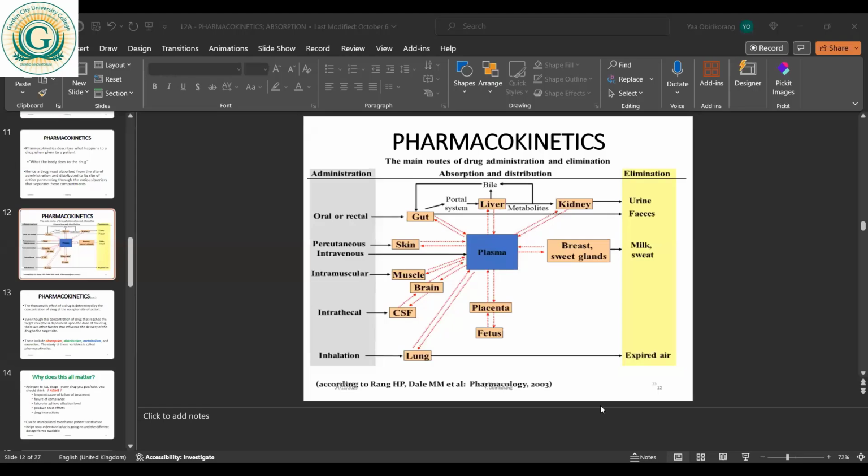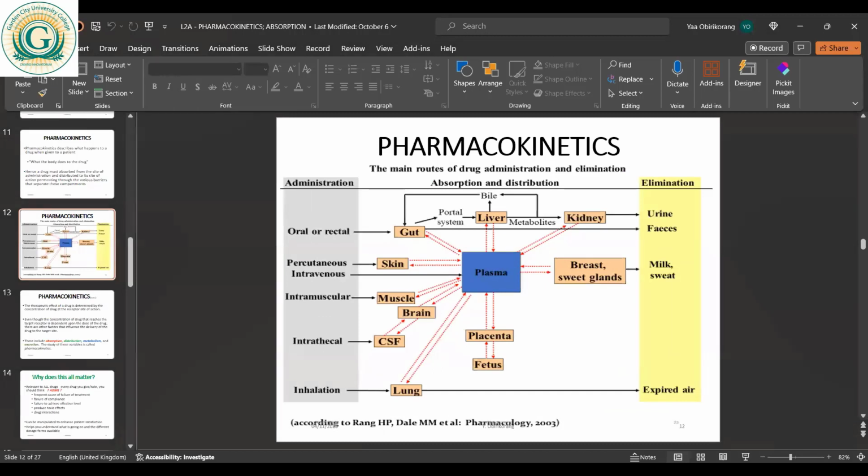We'll start with that summary, and then hopefully we would also be able to take a look at some pharmacokinetic parameters and how important they are for us to know as nurses. If so, I'm going to share my screen, and I hope you can see the screen now.